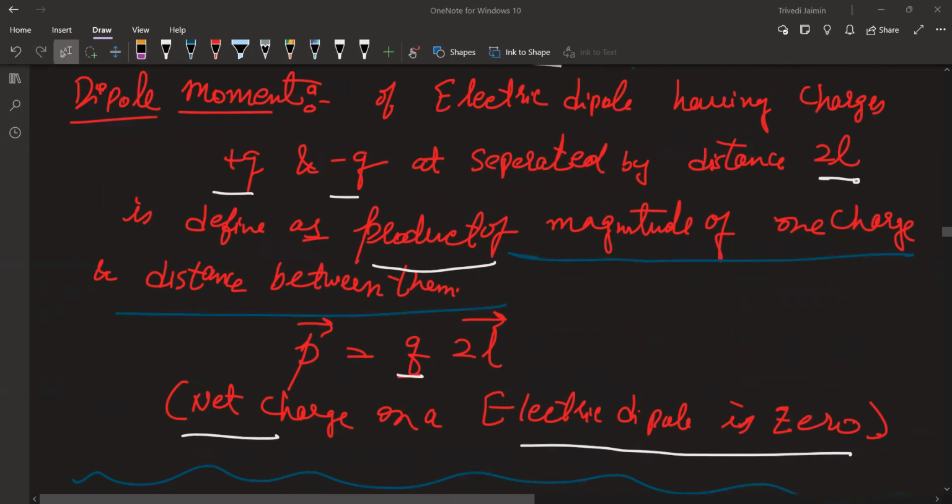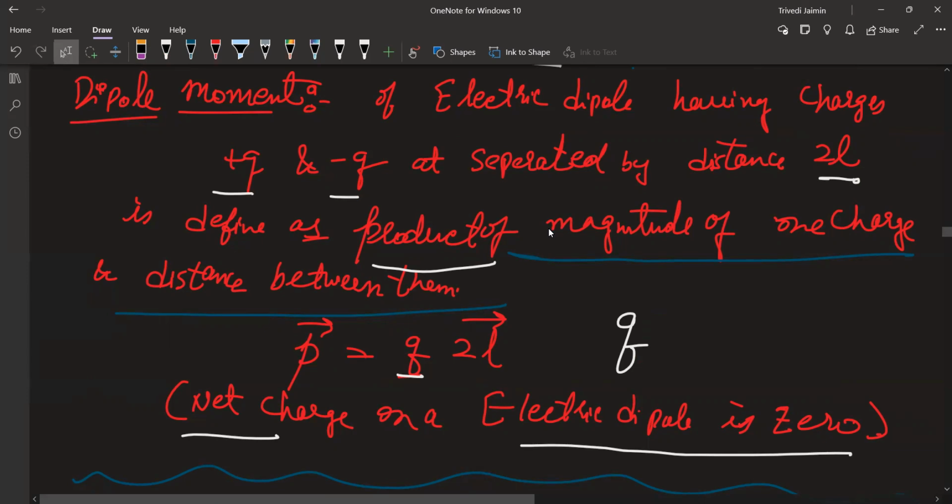Sir, I didn't get the product of the magnitude of one charge. One charge means any one charge, q, because both values are the same. Plus q or minus q, both are q. They are equal and opposite. Remember that if they give two charges and both values are the same, only then will it be considered a dipole.